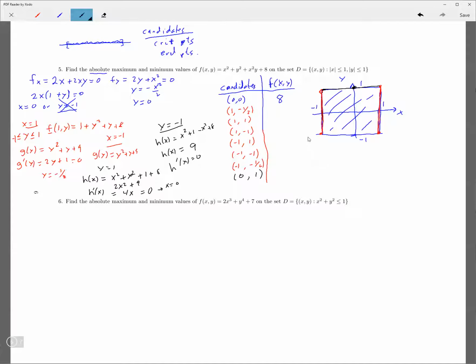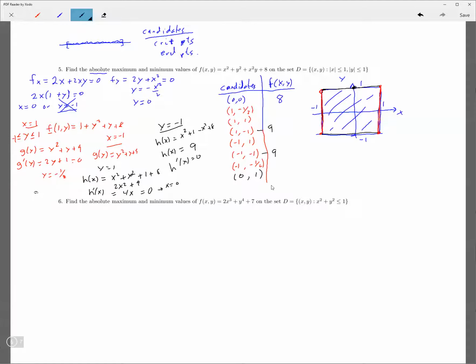Oh, that's interesting. Every point along here just gives you the same value back, just gives you a 9. So every point that has a -1 as the second spot is going to give you a 9. Okay, so that's another value.